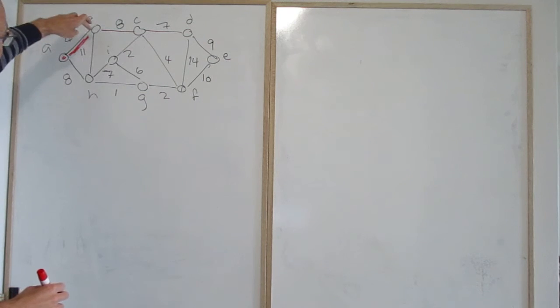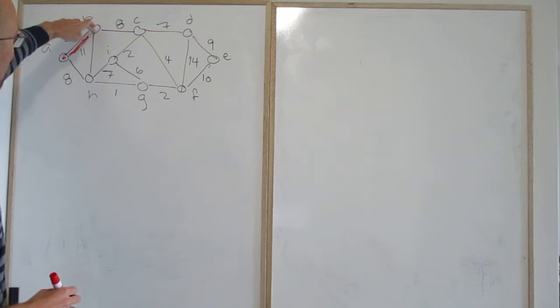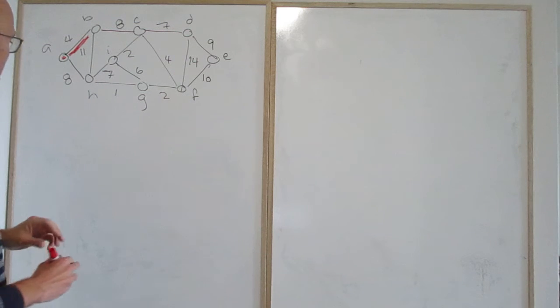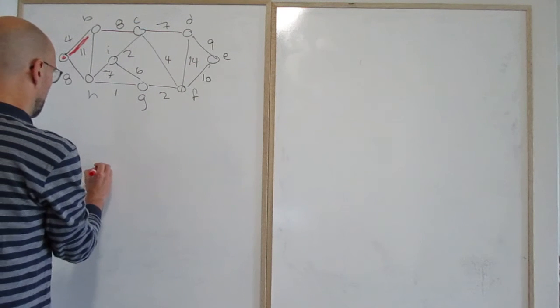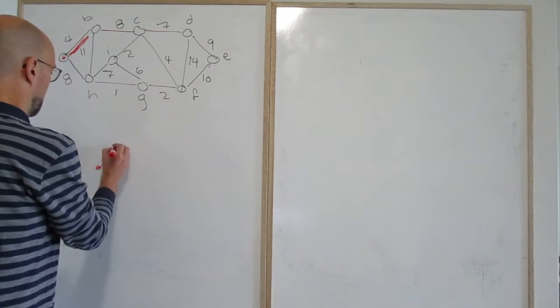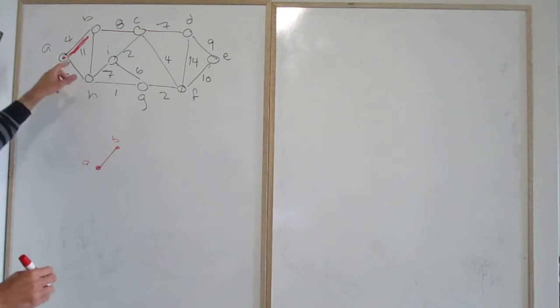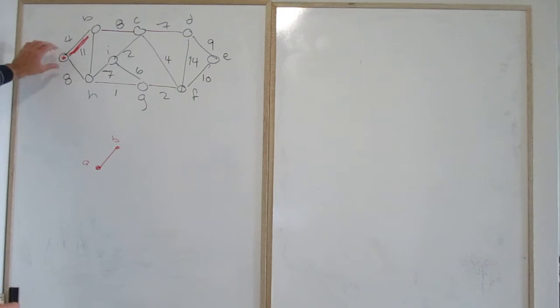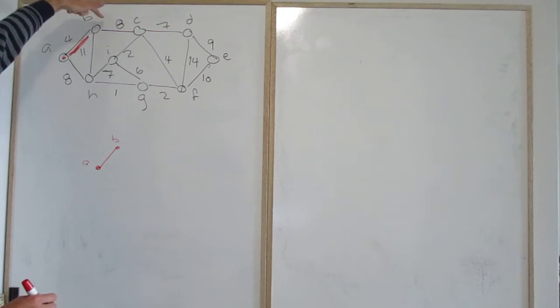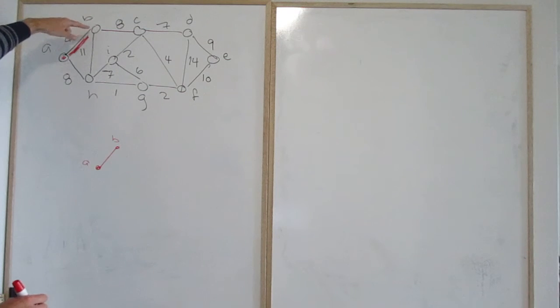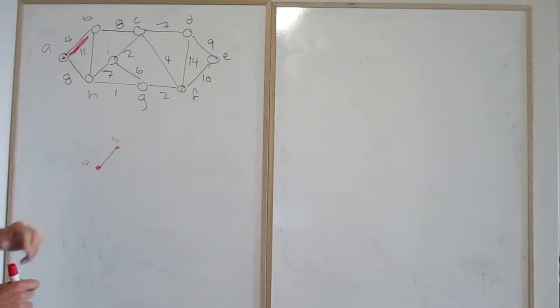Now I have more edges. My tree, I'm just going to draw it down here. I have A and B, and before I just had AH and AB incident to my tree at A, but now I also have BC, BH, and AH.